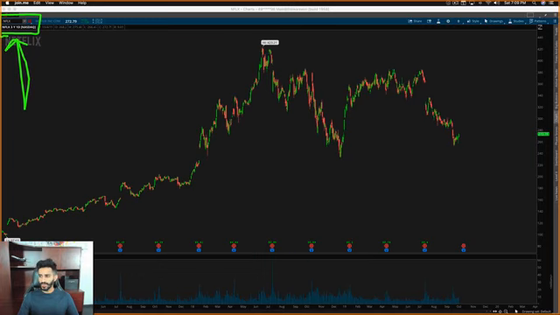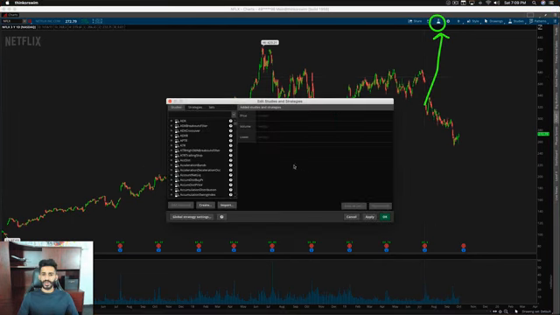Now, how do I apply the ATR, or how do I apply the indicator? Depending on the platform you're using, every platform is going to have different ways to set up indicators. But if you're using Thinkorswim by TD Ameritrade, you guys can click right here. There's this icon right here. If you click that, that allows you to open up the indicator section where you can apply studies, you can apply indicators.